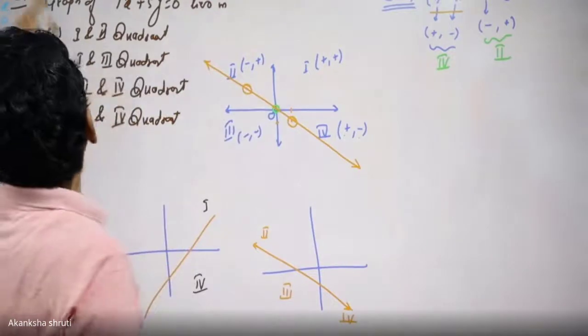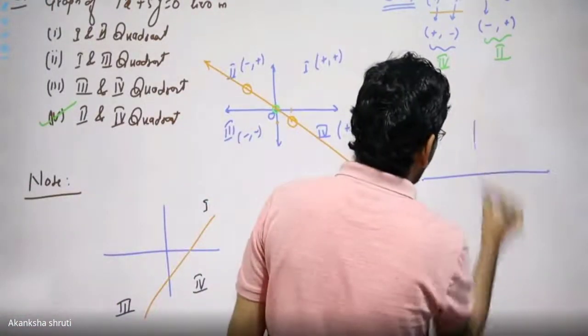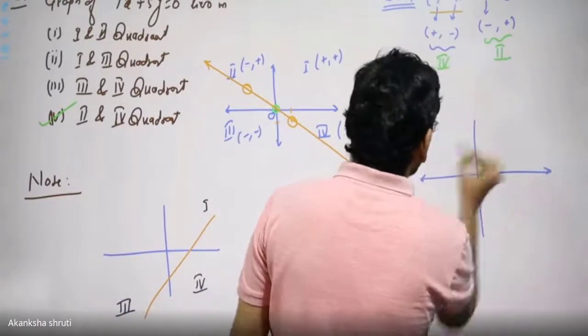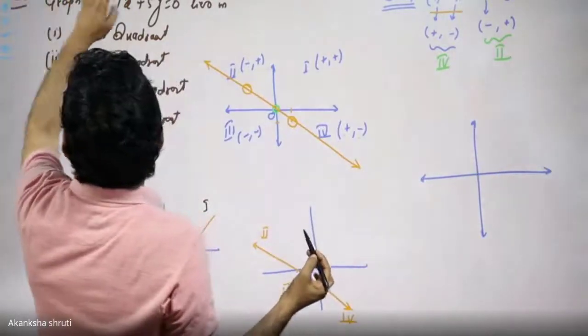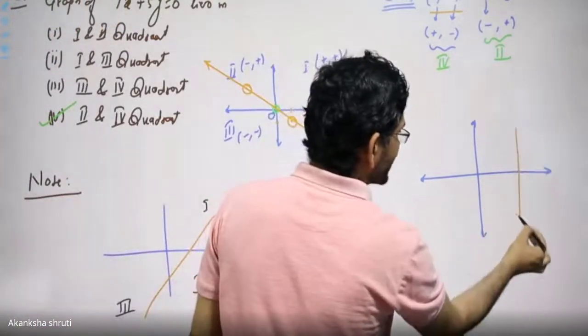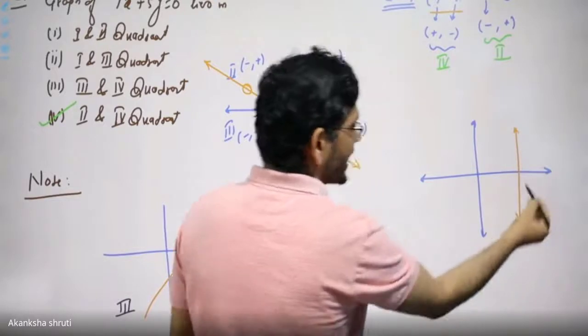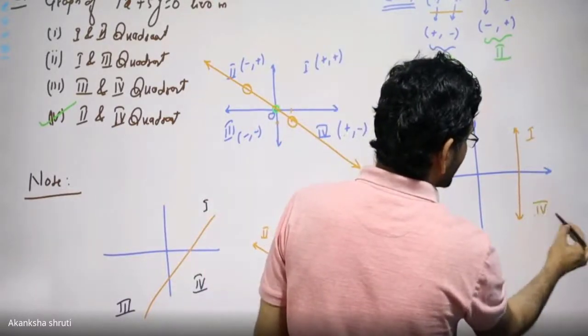Students, also remember the other two special cases that we have learned. If the graph of x equals something is given, we have learned that the graph is like this. If the graph is like this, it lies in the first and fourth quadrant.